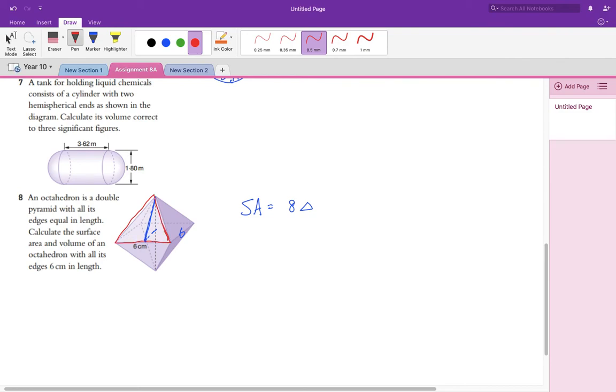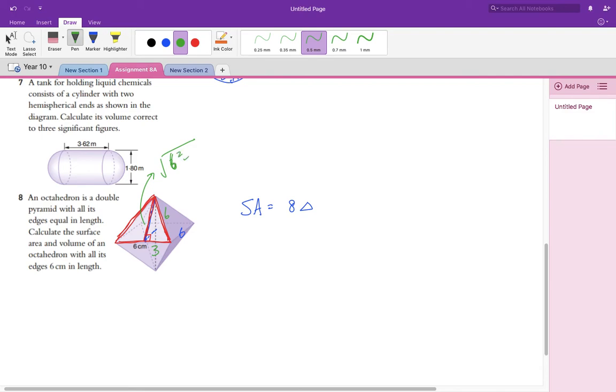So it's actually an equilateral triangle. If it's equilateral, that means the height divides it into 2 equal halves, and it's also perpendicular. So you'll have, on this side, half of 6, 3. And this side, all the edges are equal, so it's going to be 6 all around. It's also 6. You can use Pythagoras.